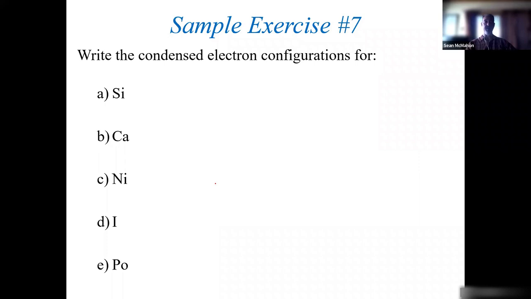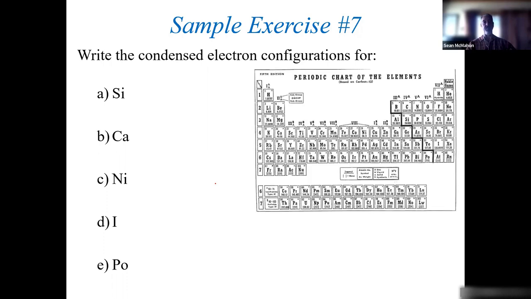So pause this, look at a periodic table, and try to write out the condensed electron configurations for these. And then, well, now we can go over it together. So you need a periodic table. So where do we find silicon? So where is the noble gas, the core electrons, that's closest to it?